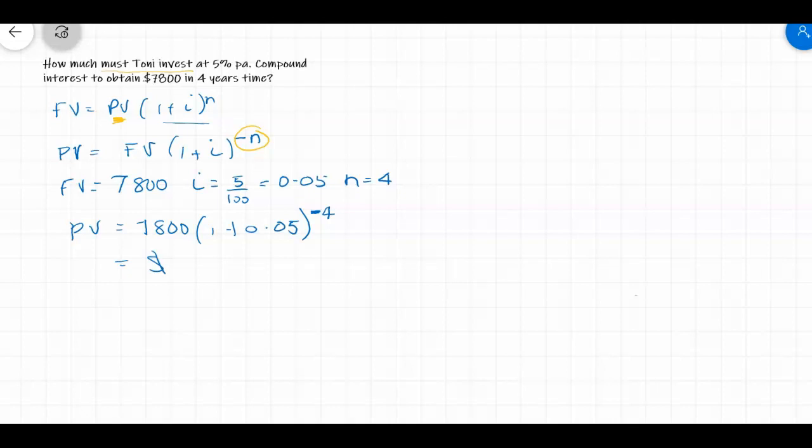Because it's only 4 years, I'd like to think my money compounds faster than this, but it doesn't. I'd have to invest $6,417.08. So Tony would need to invest $6,417.08, so that in 4 years' time she has $7,800.